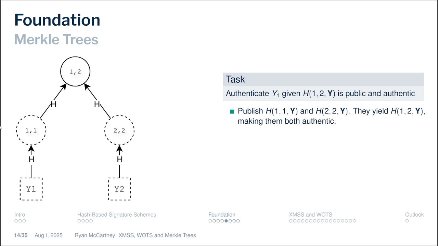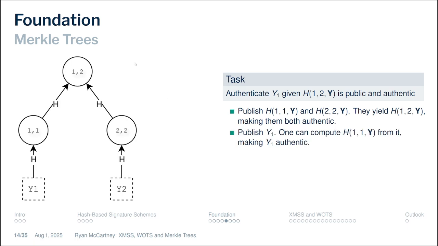Note that all this information can be made public here. There's no secret part of it. It's just authentication, no secrecy. And if we publish now this lower left node and this lower right node, everyone can compute up to this root node, and also be sure that these two nodes are part of the tree.